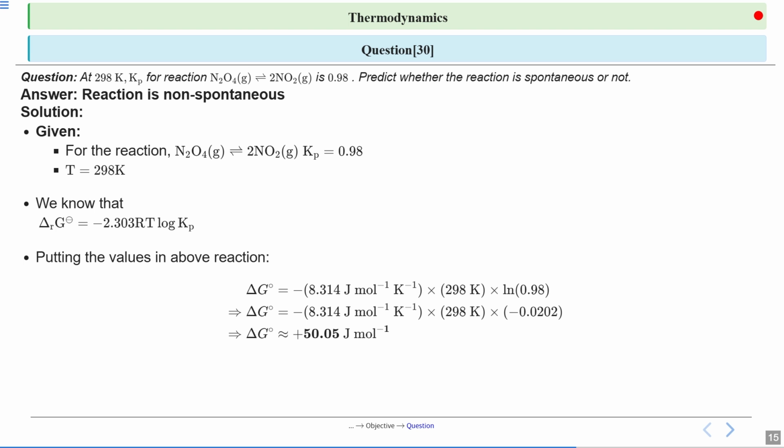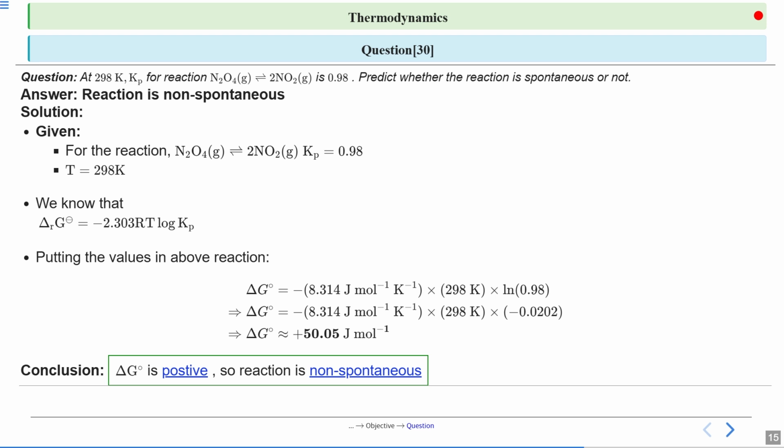The value of R is given, the value of T is given, and we take log 0.98. You can take either minus 2.303 log 0.98, or you can take ln 0.98. This will give you your final value of delta G naught as 50.05 joule per mole.